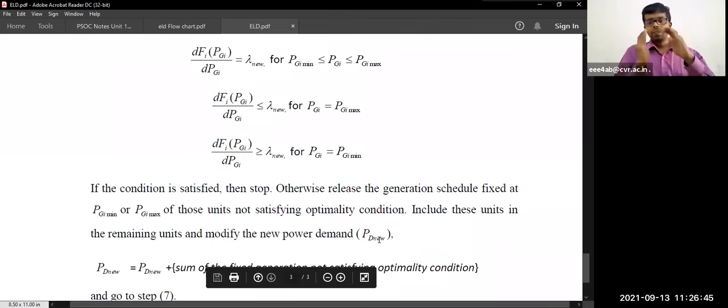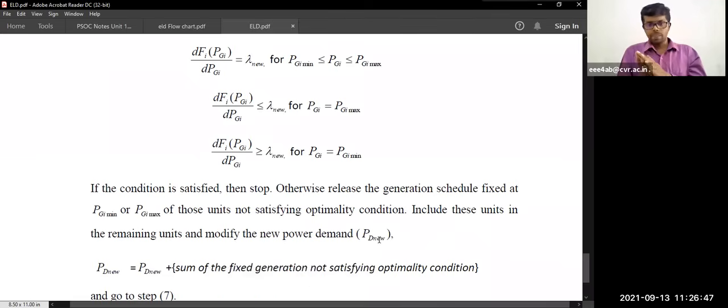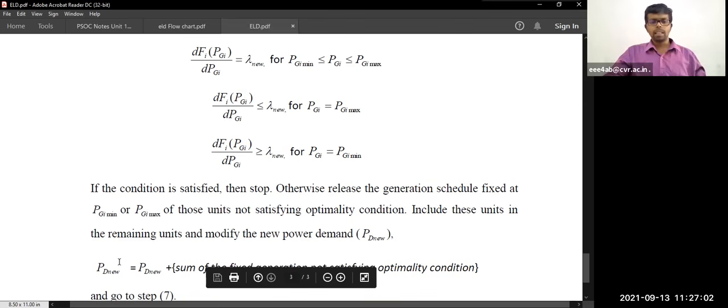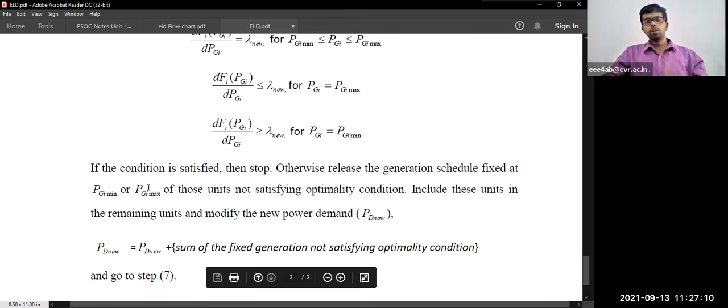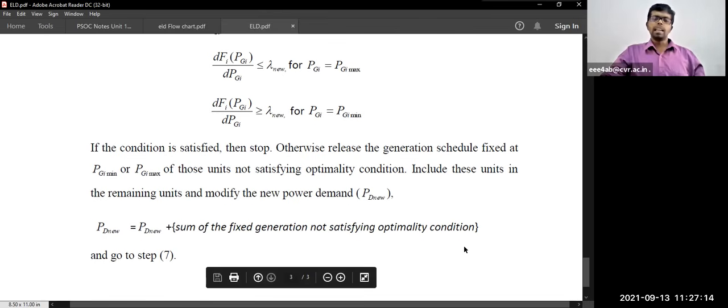Again you need to calculate the new demand value: PD new 1 is equal to PD new, whatever we calculated before, plus the sum of fixed generation not satisfying the optimality condition.